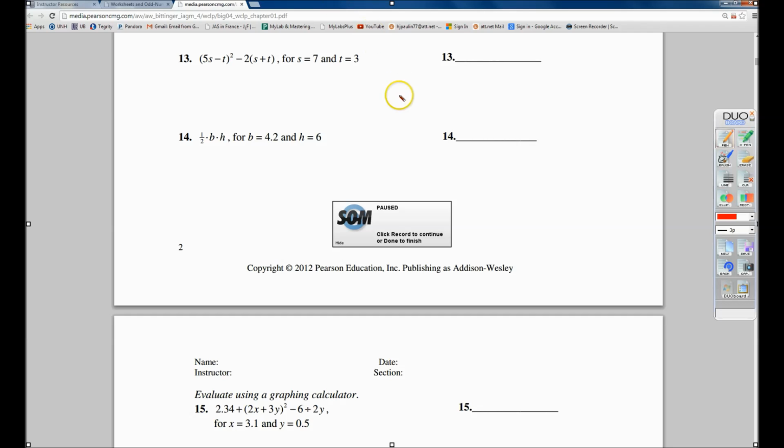Okay, as we continue now to example 13, they're getting a little more sophisticated. So it'll be 5 times s, which is 7, minus 3, which is our t, which will be squared, minus 2 times s, which is 7, plus 3.